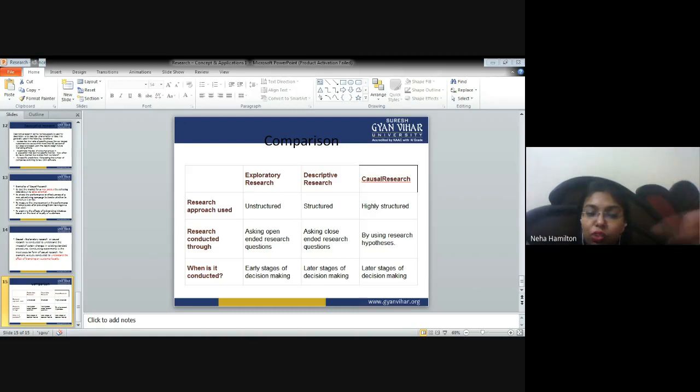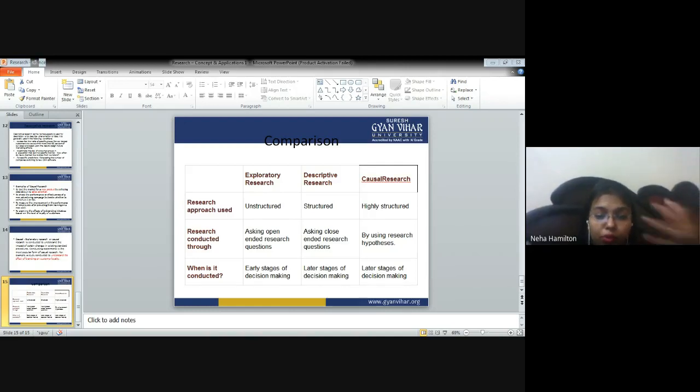The stage in which you conduct a particular research depends on what approach of research you are using, whether exploratory, descriptive, or causal research. That depends on how much research has already been conducted in that area, or what the stage of that particular research area is.